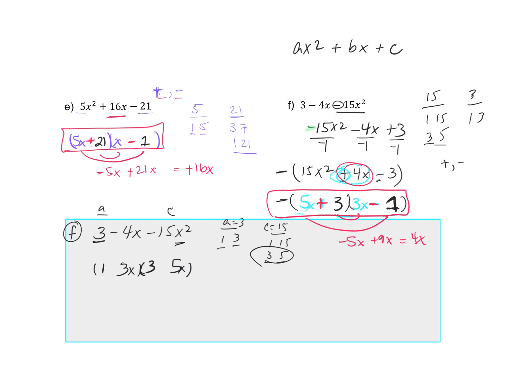Now determine the signs. I need a negative 4, so the two numbers I multiply must give a negative. If this is negative and this is positive, let's see if we get it right. That's a positive 5x and a negative 9x. That gives me a negative 4x when I put it together. So this is in the right order.